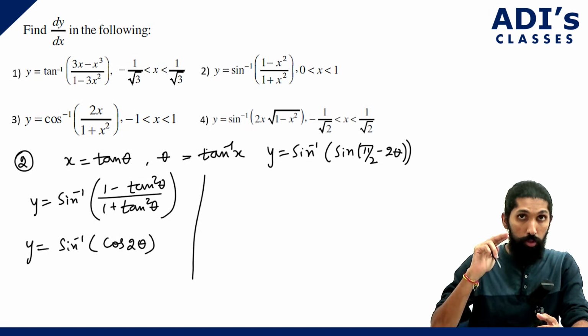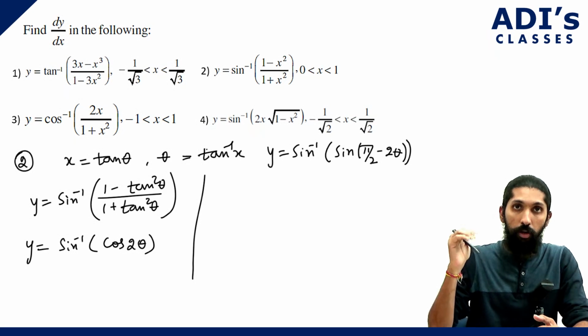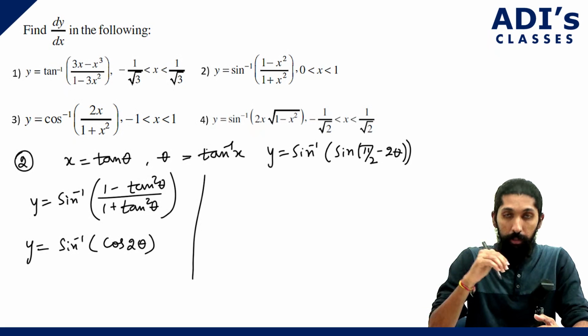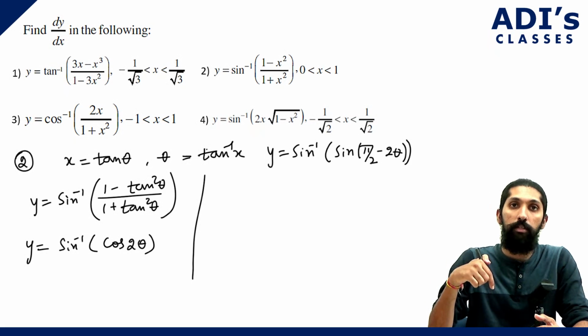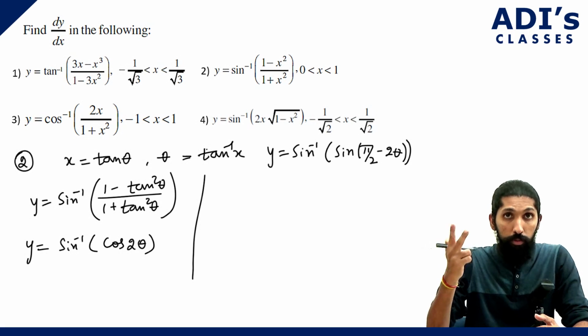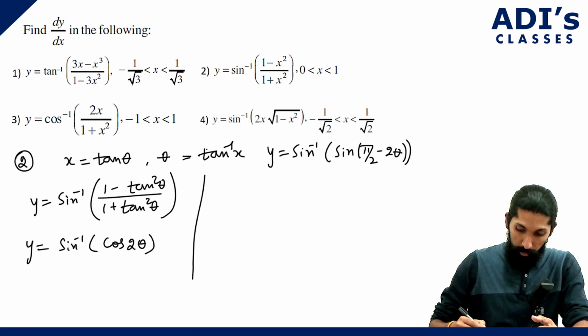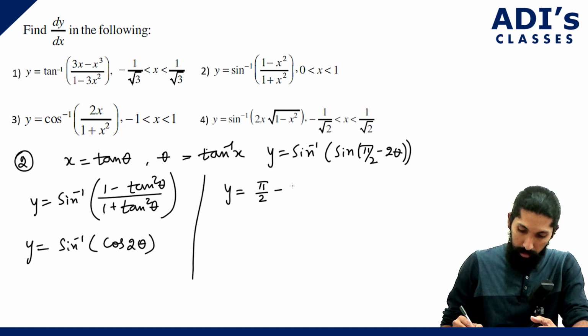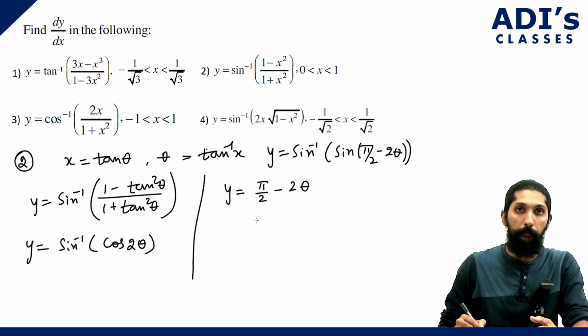Because it is cos 2 theta. If it was just cos theta, you could have written pi by 2 minus theta. So here it's going to be pi by 2 minus 2 theta. Now what can you write this as? y is equal to pi by 2 minus 2 times theta.